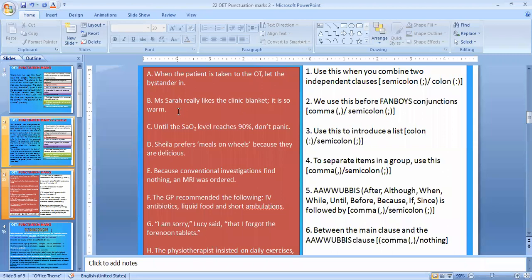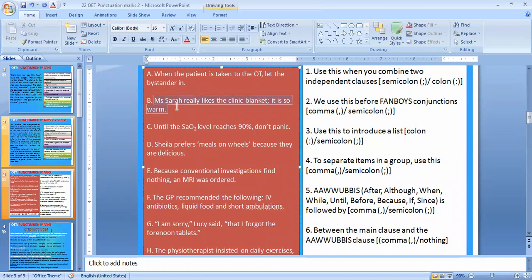Okay, I'll help you. Number 1. Use this when you combine 2 independent clauses. Miss Sarah really likes the clinic blanket is one clause. The second clause is it is so warm. 2 independent clauses means they are not dependent on each other, but the meanings are related.